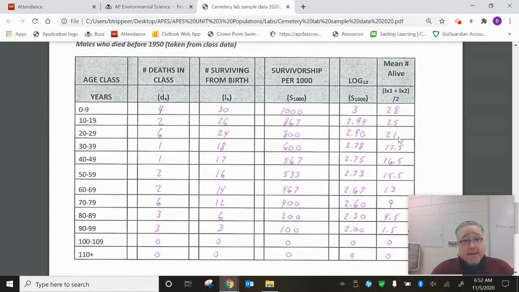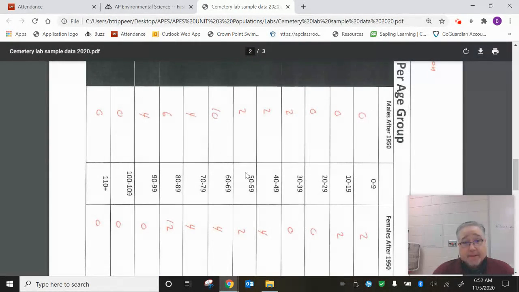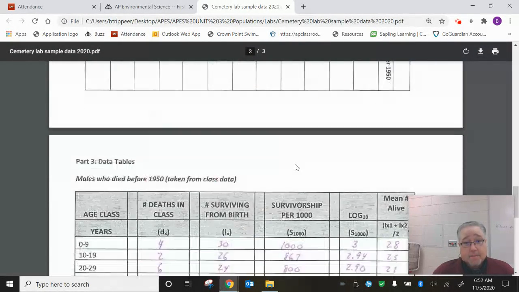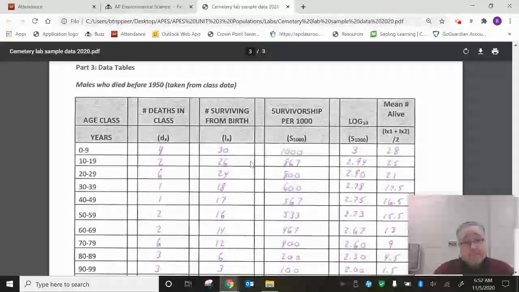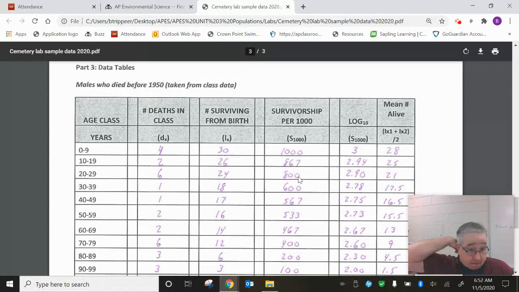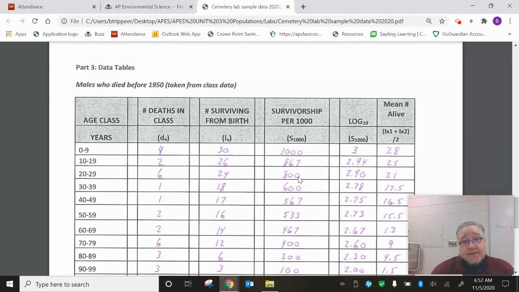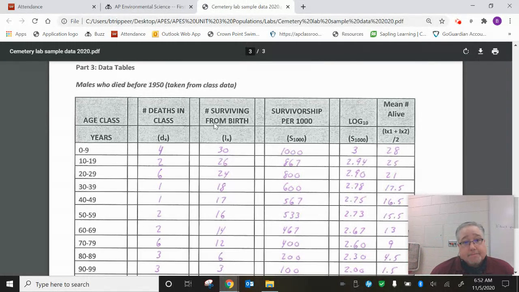Now this is where it can be a little tricky, so I want to make sure that you have this chart completely filled in before we start this part. That's crucial. So make sure that we have that other chart filled in. If you look at this data table, there's one, two, three, there's 5 columns that you're going to have to fill in.